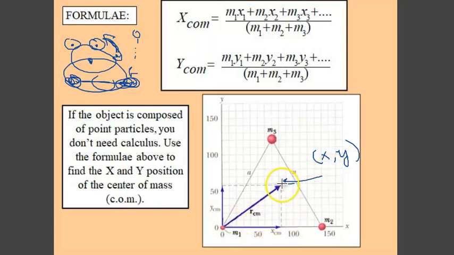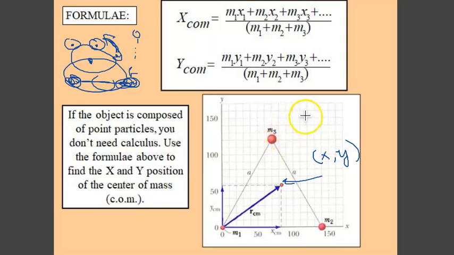Hopefully you can see the connection between this formula and what we had on the previous page. Each of these blobs is at a specific coordinate, which you'll see on the next page, and each of these coordinates is going to be weighted by how much mass is there.